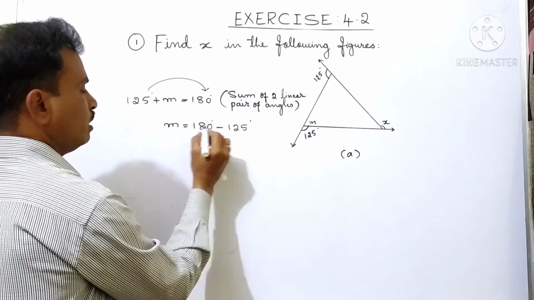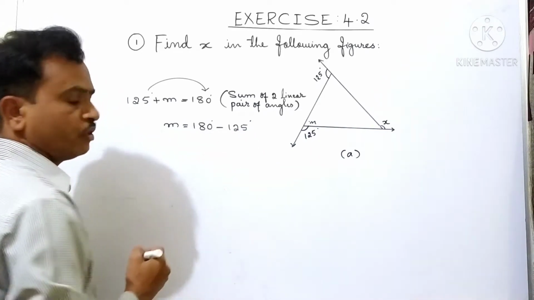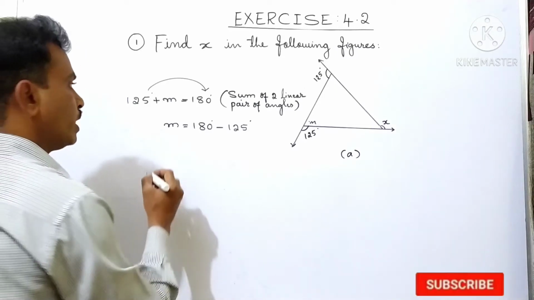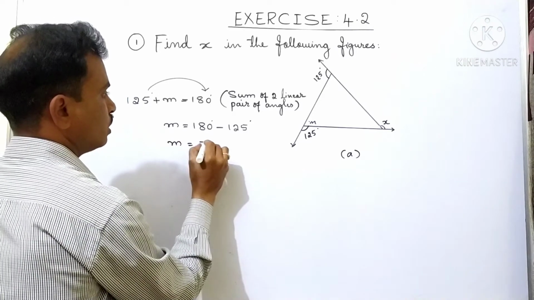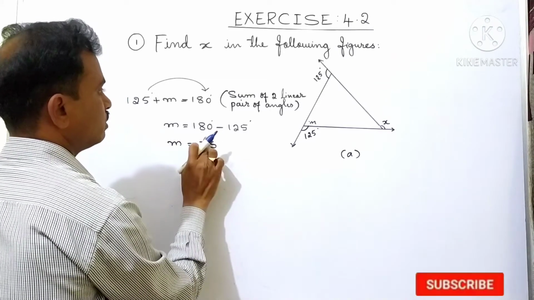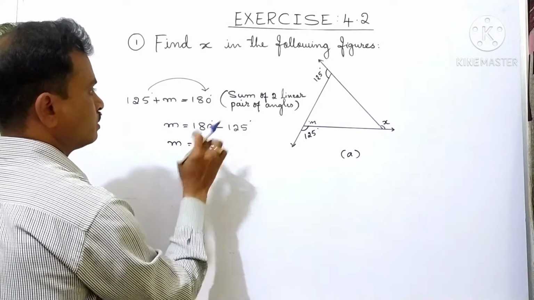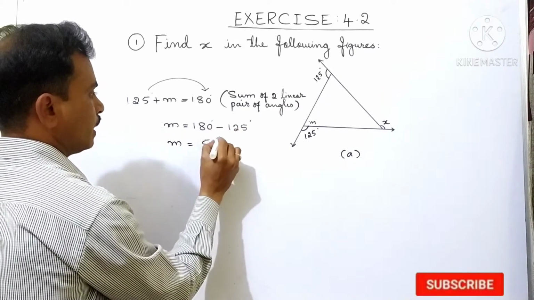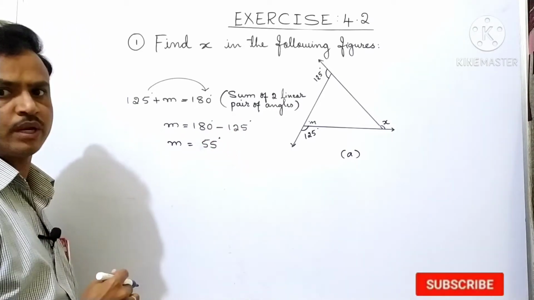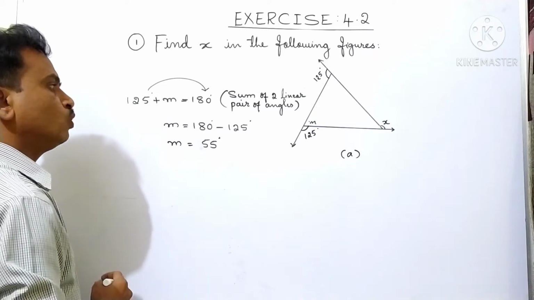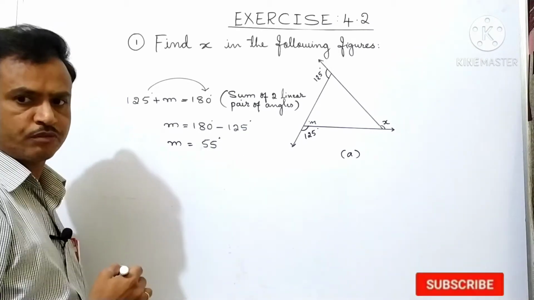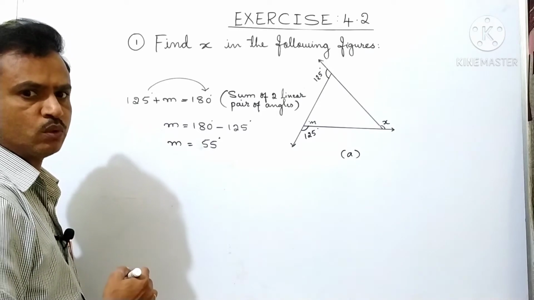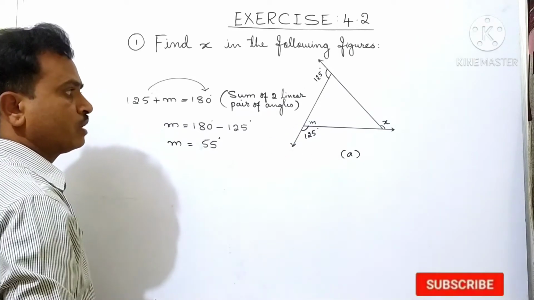So 180 minus 125, you have to subtract. So M is equal to 55 degree, 180 minus 125. M is equal to 55 degree.